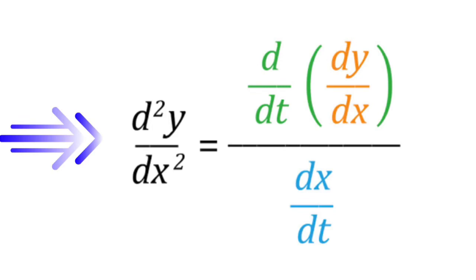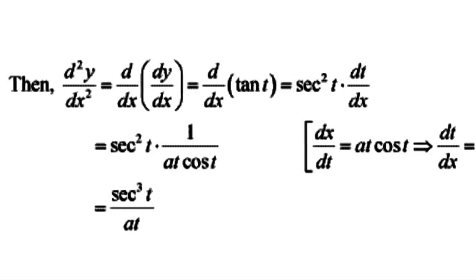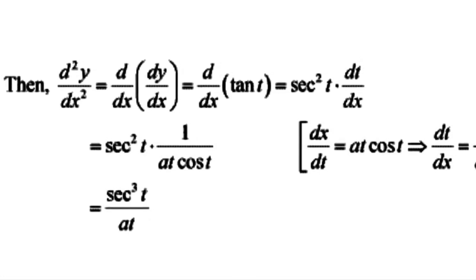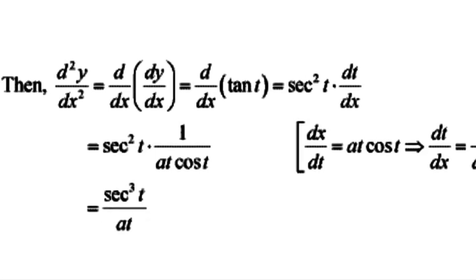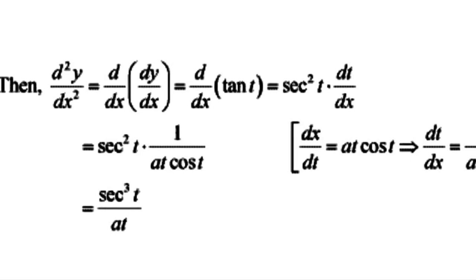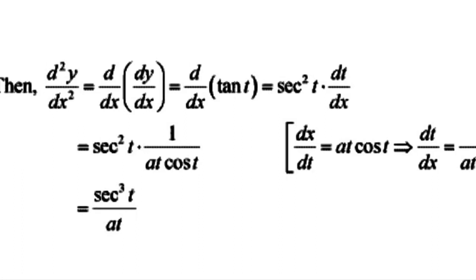That is why we have the formula d square y upon dx square equals d upon dt of dy upon dx divided by dx upon dt. Let's apply step number 2, that is dy by dx is tan t, we will differentiate it with respect to t. So the derivative of tan t will be sec square t.